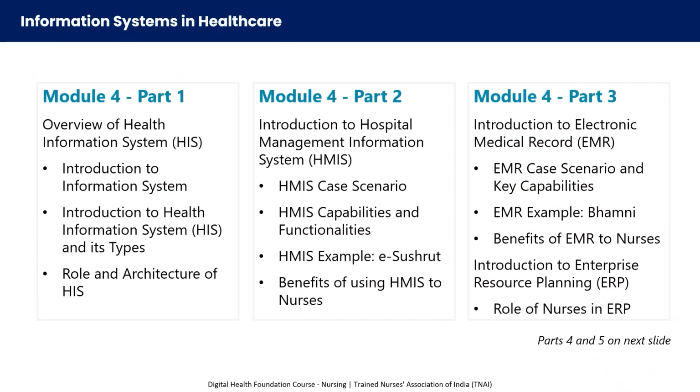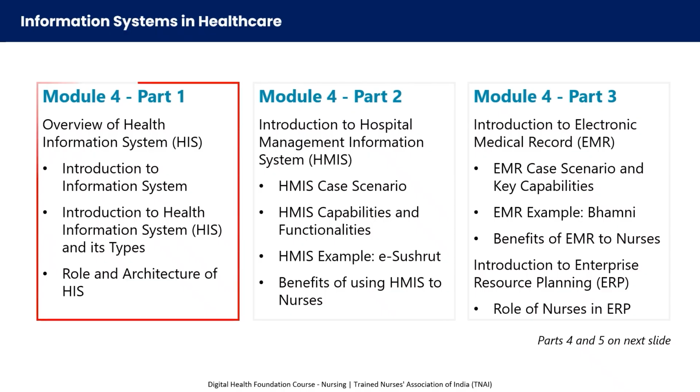For us to have a very good understanding of this particular module, we have divided this into 5 parts. In this session, we will begin with part 1, where we would look at what are the information systems, what is a health information system, which is also called HIS, and then we will explore various types and further understand its role and architecture.